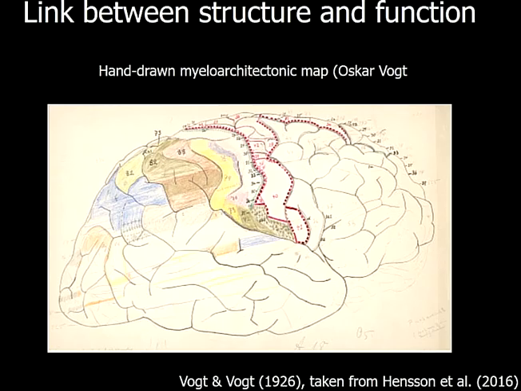So here's one example. This is an old piece of work now. So in this study, which, as you can see, is like a drawing, old school style of the brain, what they did here is they drew a map of myelo-architecture.